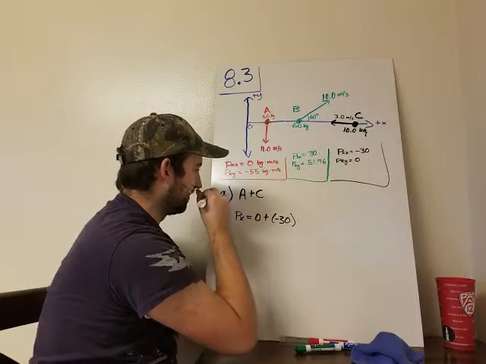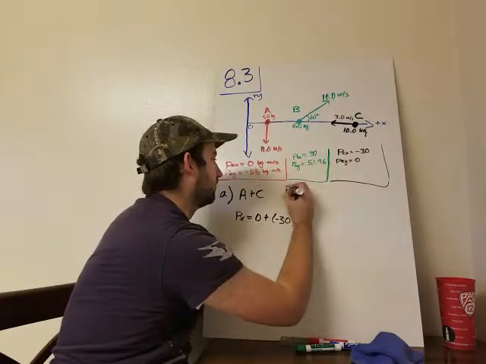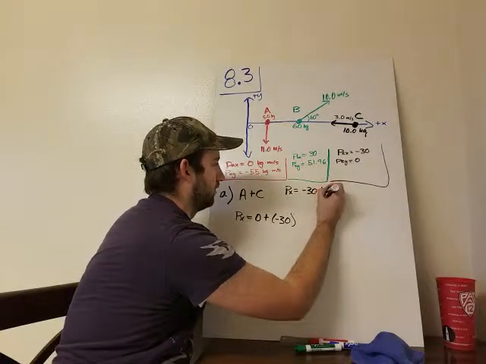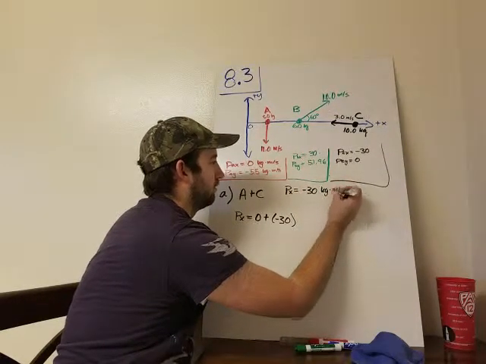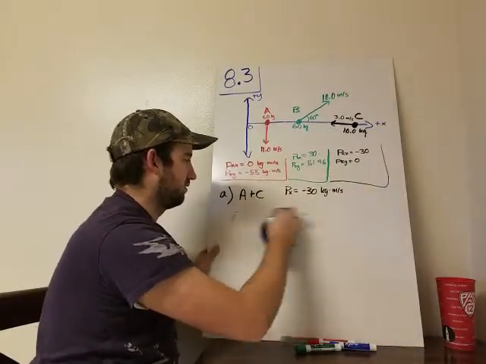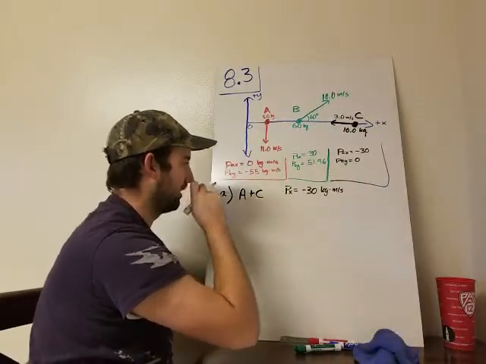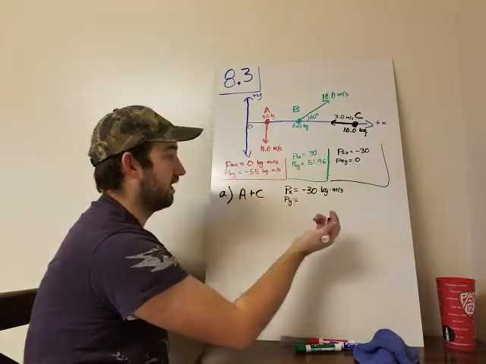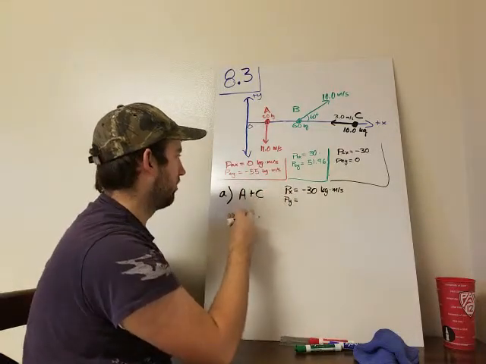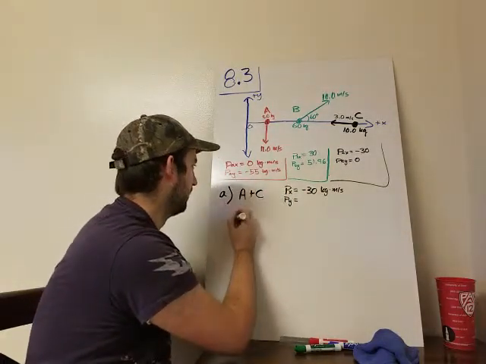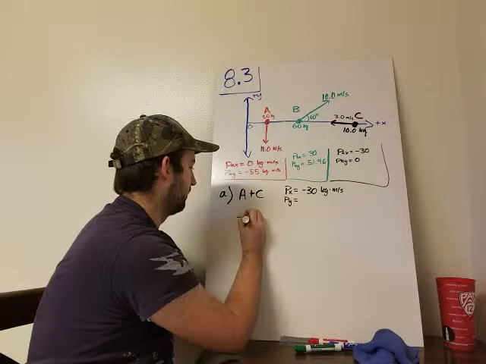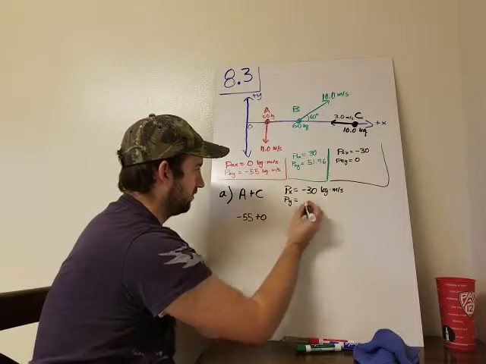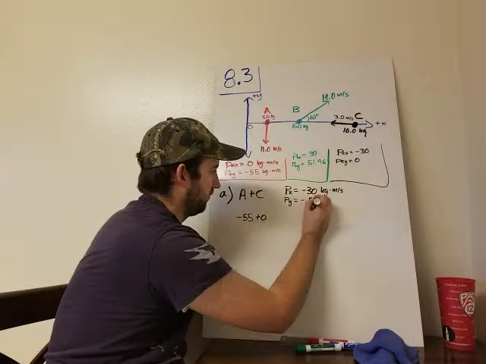So when we add that together, it's just negative 30. And now Py, the net momentum of the y components, is going to be negative 55 plus 0. So that just equals negative 55.